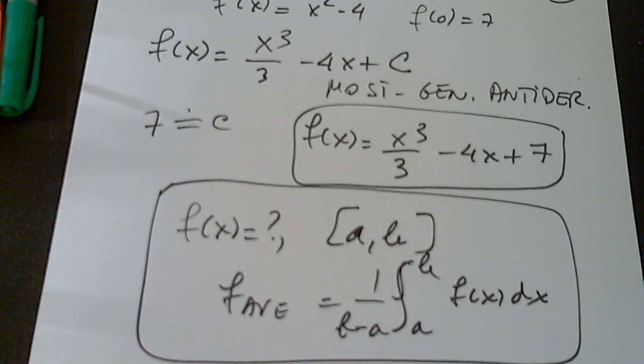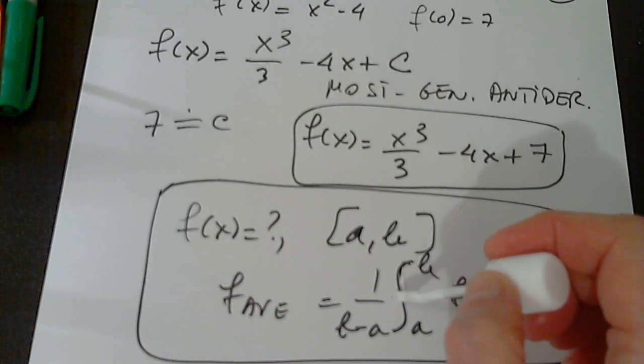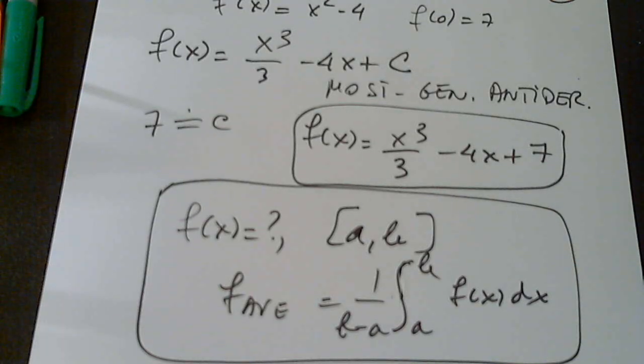So once we have the function, we put 1 over b minus a in front, and we just determine the definite integral. You can choose any function you want. No, that's perfect. Just the formula works. Yeah. Good.